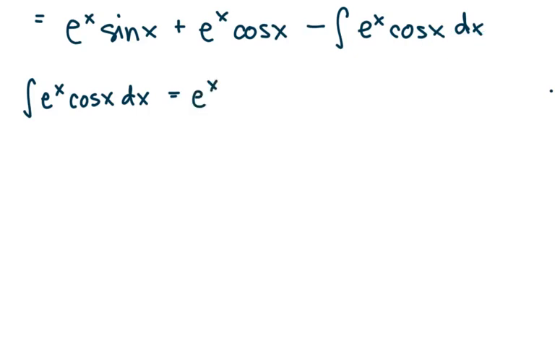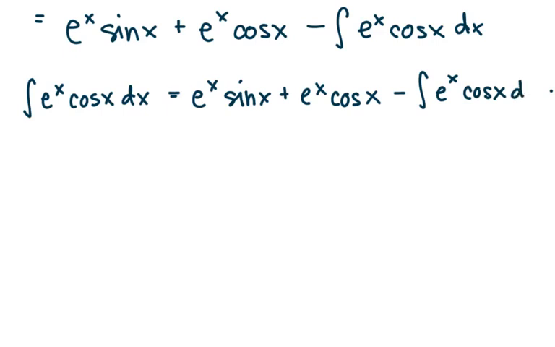So I have e to the x times sine x plus e to the x times cosine x minus the integral of e to the x cosine x dx. And again, you'll notice this is exactly the same as what we started with.